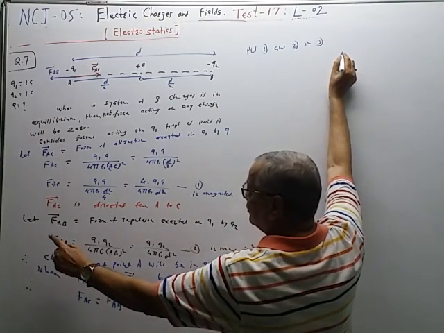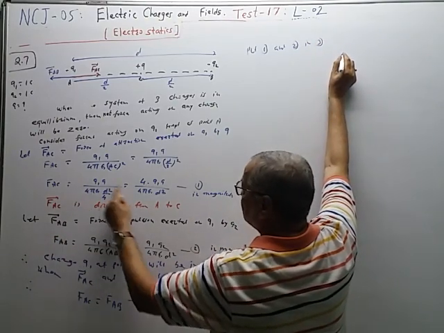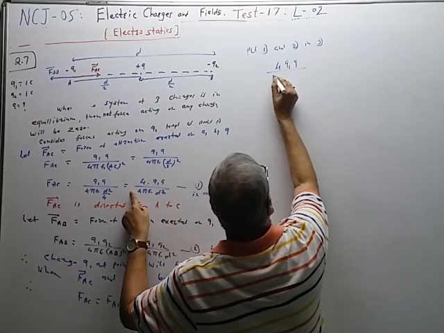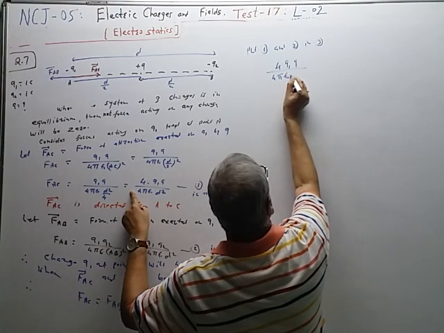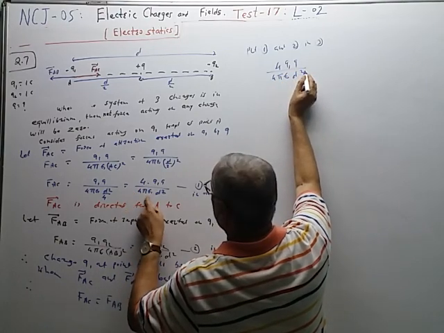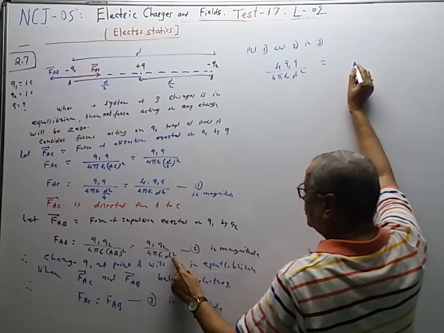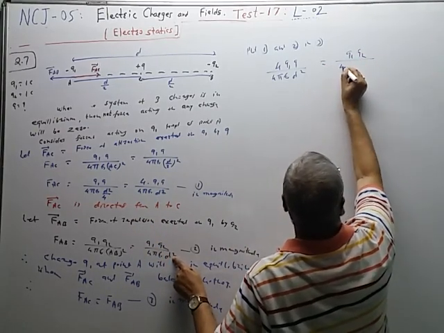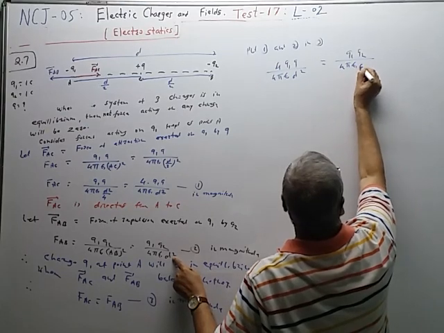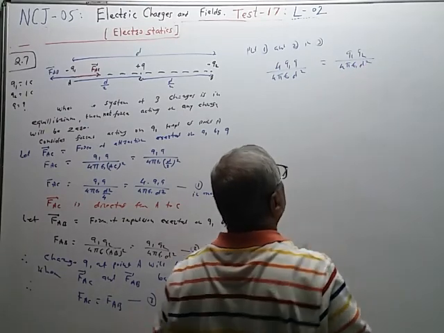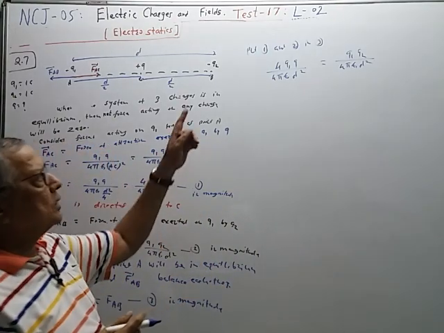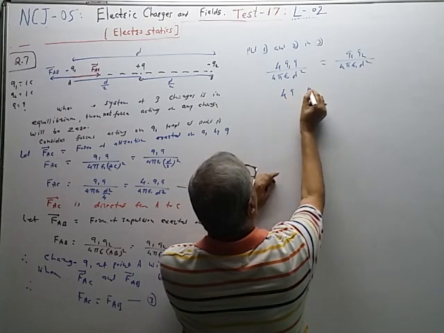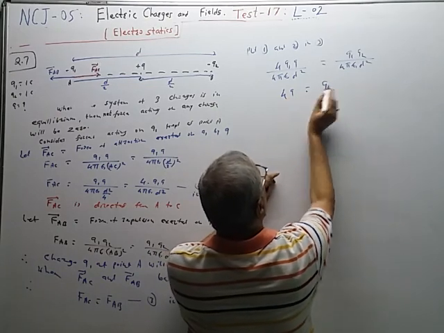So FAC is equal to, this is the value of FAC, 4 times Q1 into Q upon 4 pi epsilon naught D square is equal to equation 2, Q1 Q2 upon 4 pi epsilon naught D square. So 4 pi epsilon D square cancel, Q1 cancel. So 4 times Q is equal to Q2.